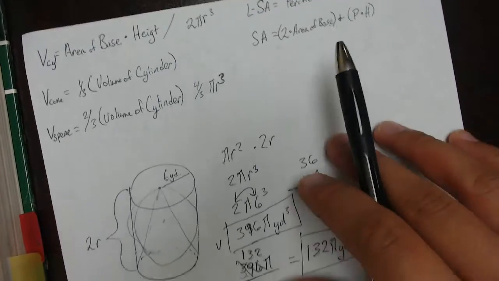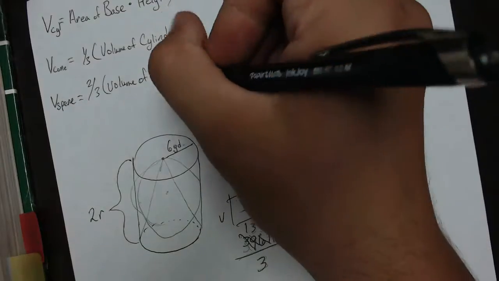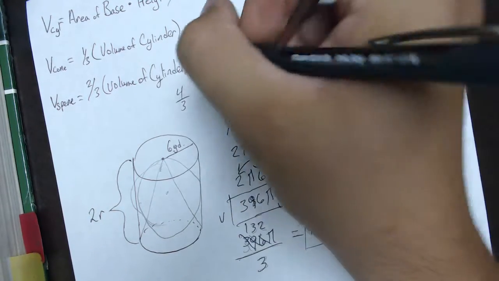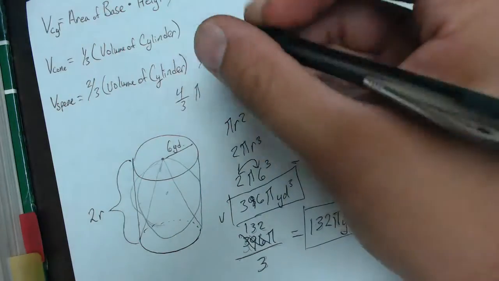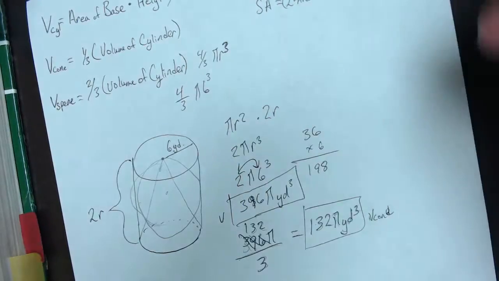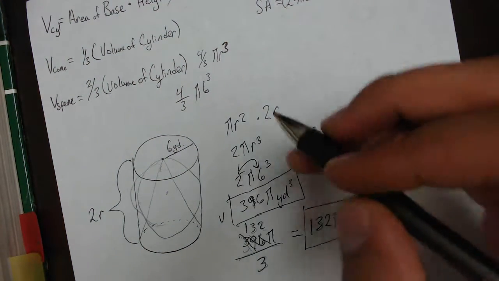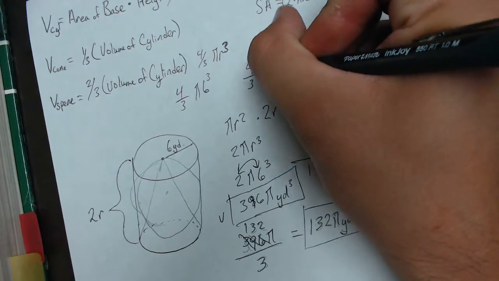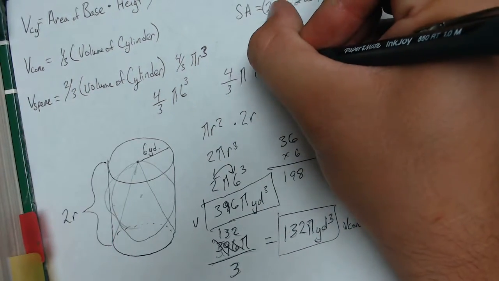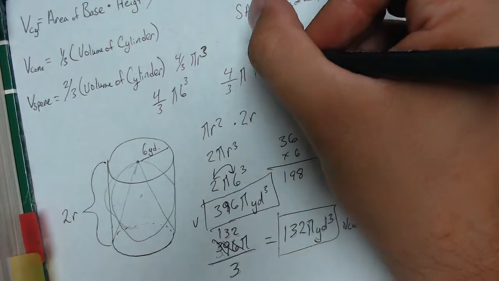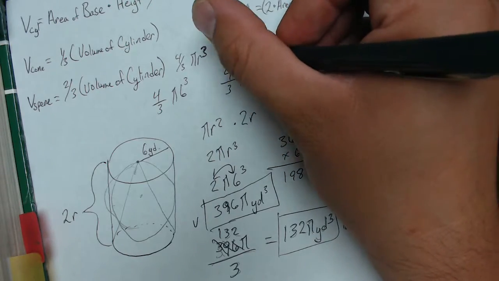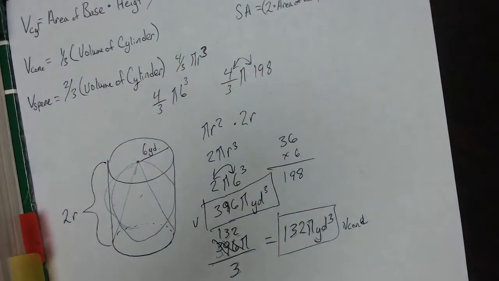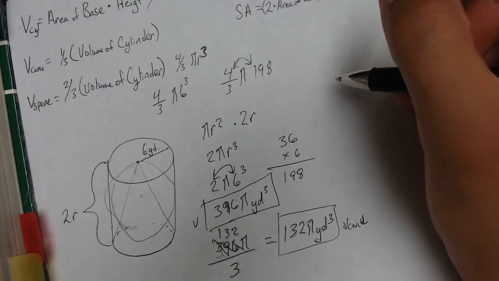Anyways, so we'll take 4 over 3 times pi, and then r cubed is just going to be 6 cubed, which we already know. Then 4/3 times pi times that value would give us our final answer.